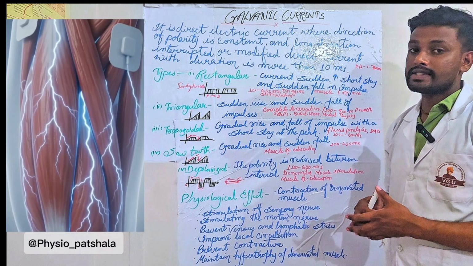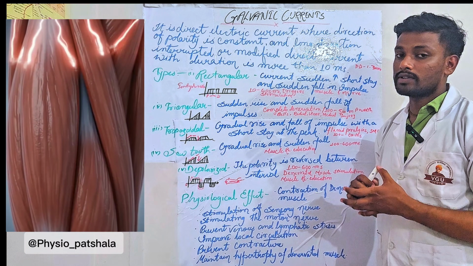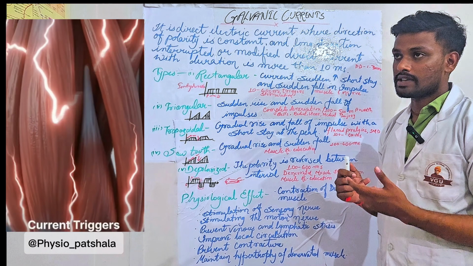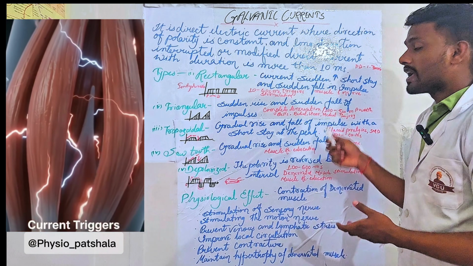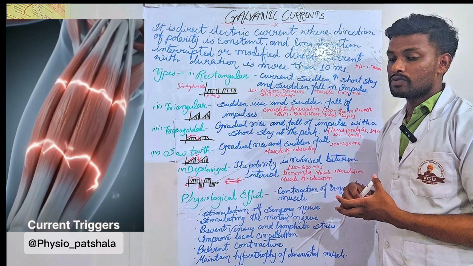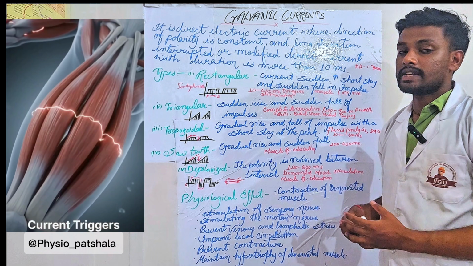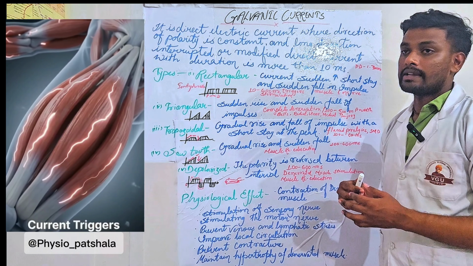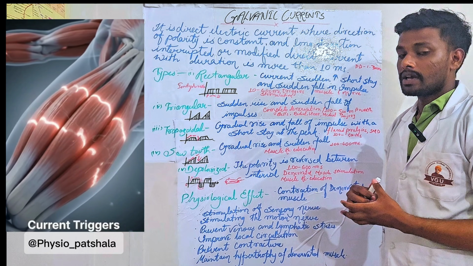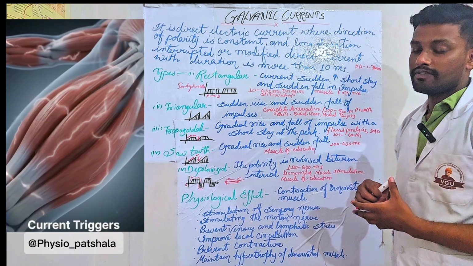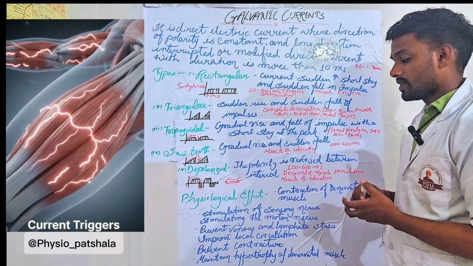In flaccid paralysis the muscle is loose and has lost its activity, for example the calf muscle. So the galvanic current is applied there, and it facilitates the movement, reactivates and strengthens the calf muscle to prevent impaired lymphatic drainage and prevent lymphedema there.